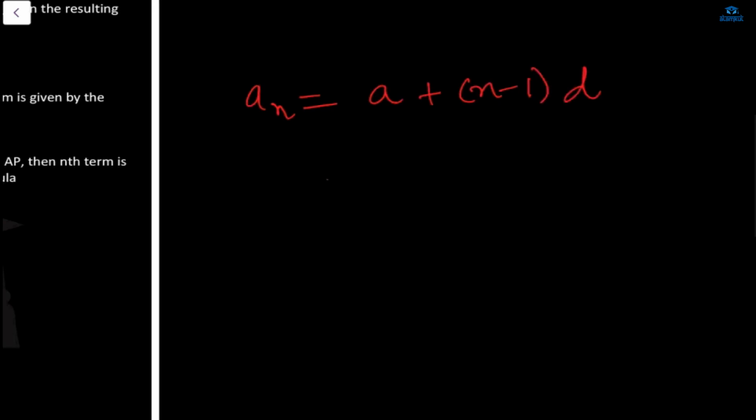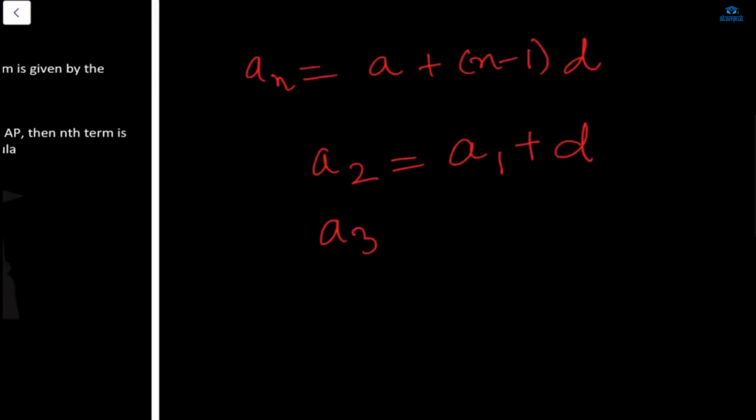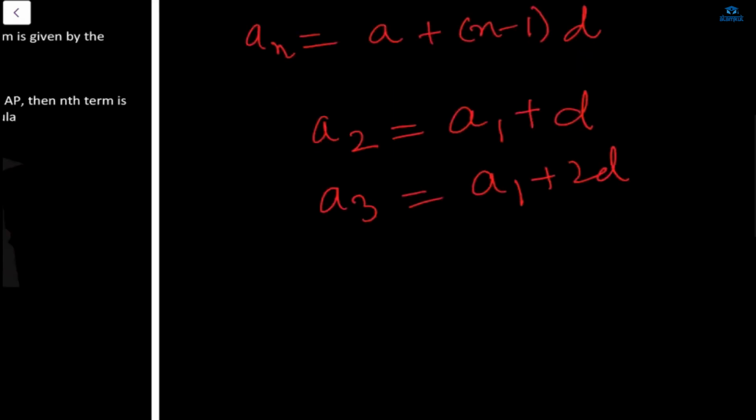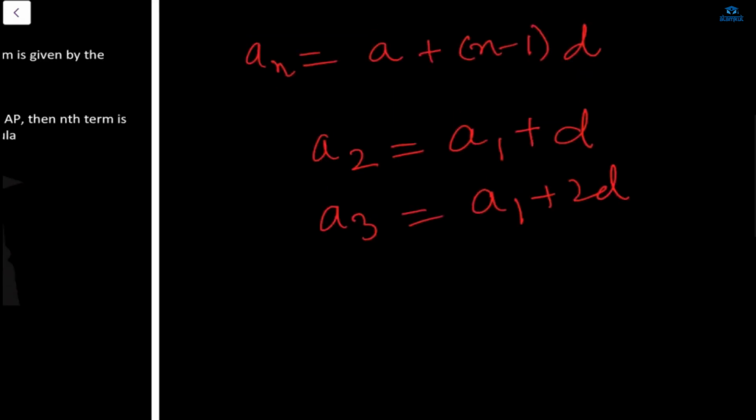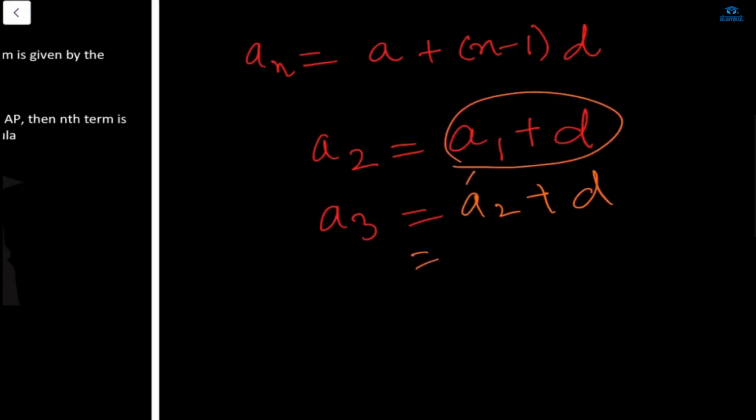You have seen that we find A2 as A1 plus D. Now A3 we find as A1 plus 2D. Let me explain: A3 is written as A2 plus D, and A2 can be written as A1 plus D, so A3 is A1 plus D plus D, which is A1 plus 2D.